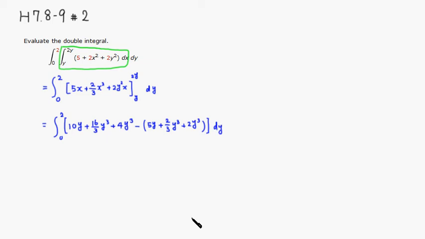Let's clean it up a little bit. So we have 0 to 2. I'm going to combine. You have 10y minus 5y, so we'll have 5y.